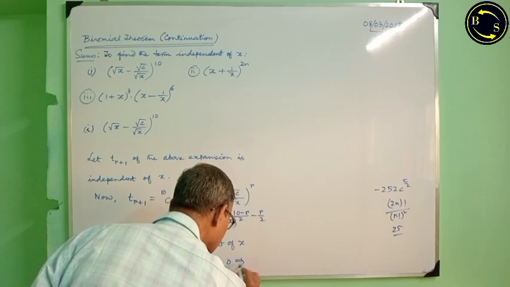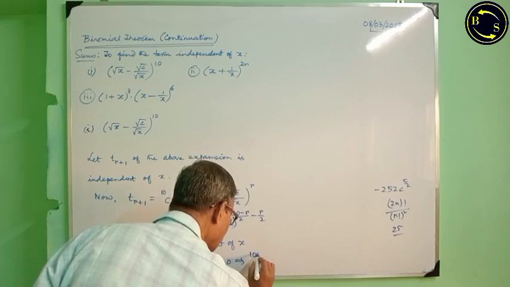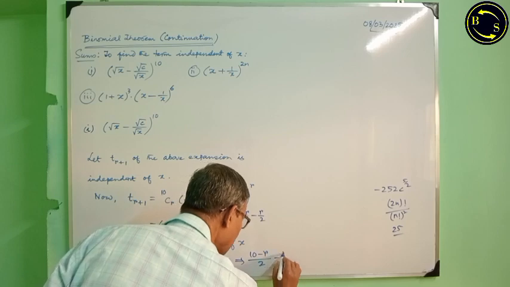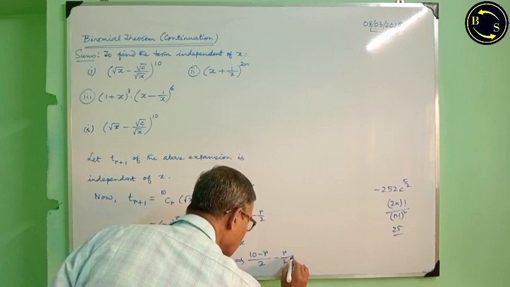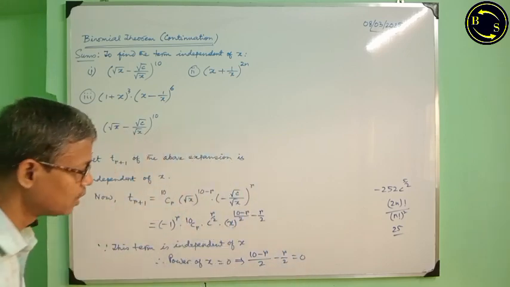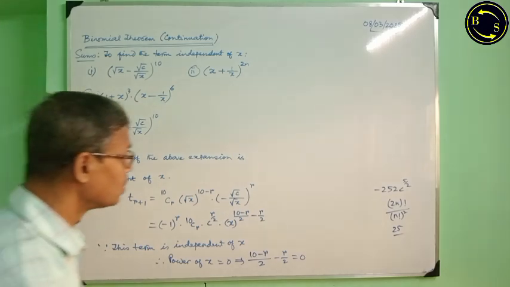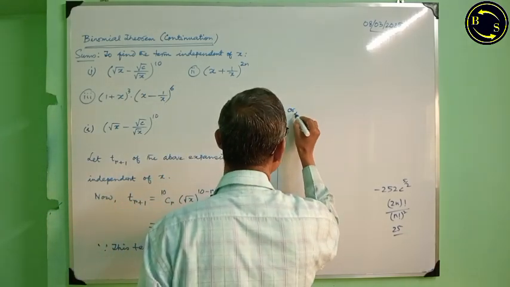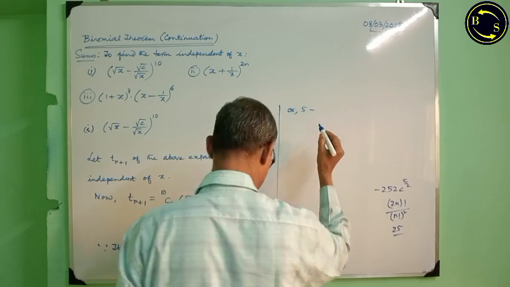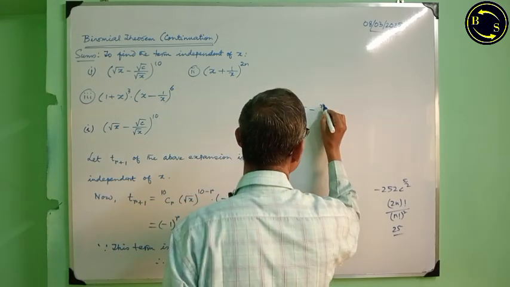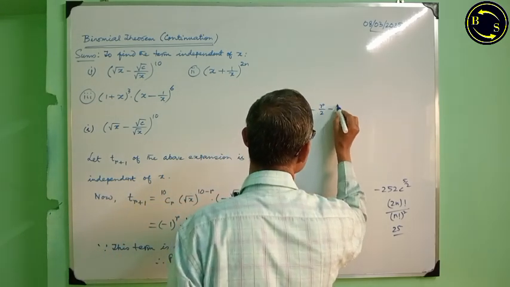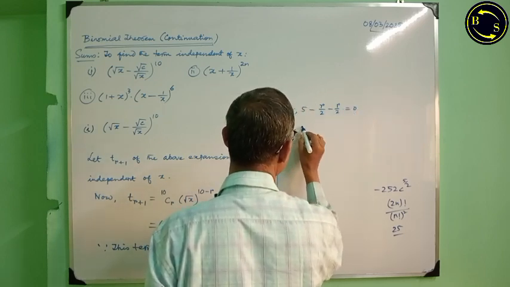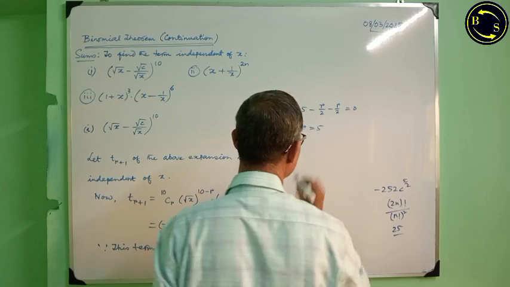That means 10 minus r by 2 minus r by 2 is equal to 0. Or 5 minus r by 2 minus r by 2 equal to 0, or r is equal to 5.